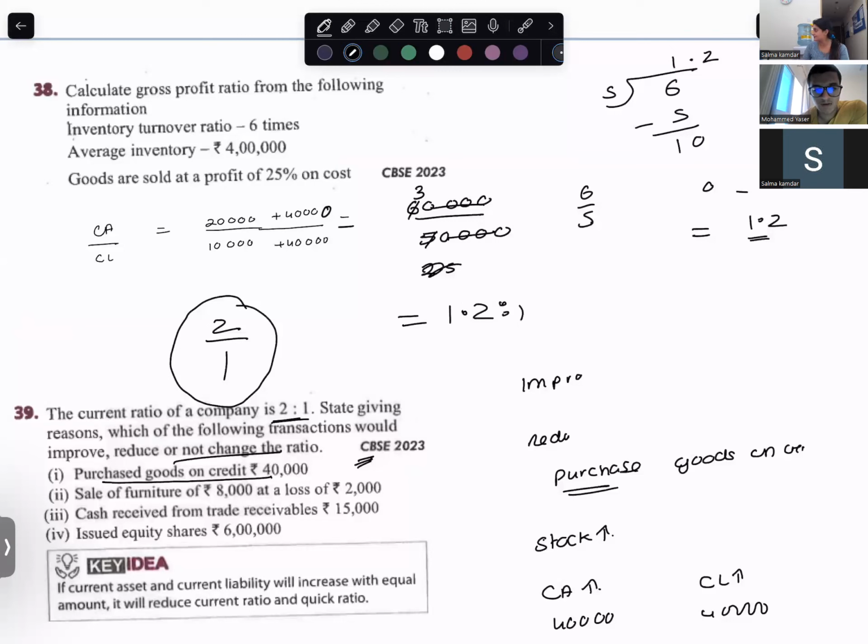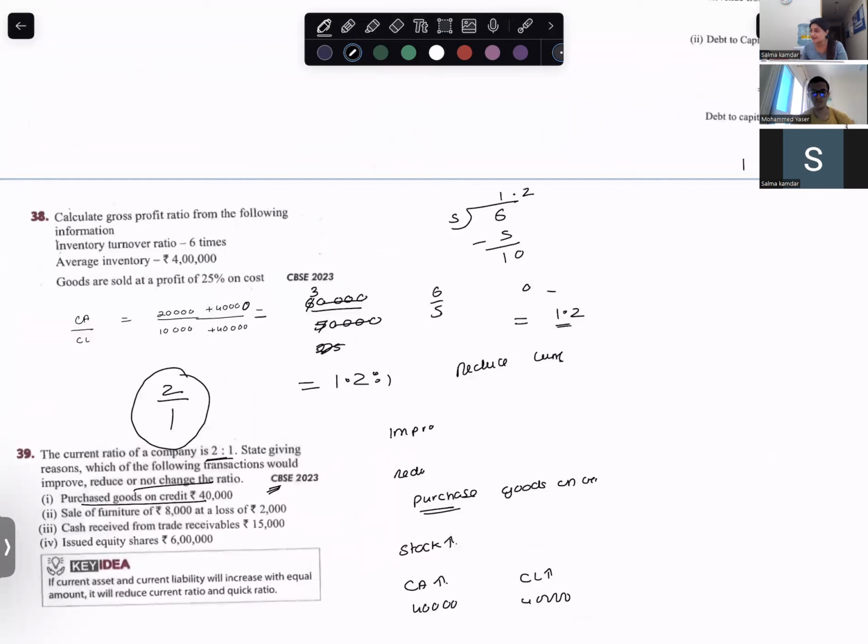It will reduce the current ratio because the current asset is increasing and current liability is also increasing in the same proportion. When you do not understand, add both places and do. So if the current asset also increases and the current liability also increases, it will reduce the current ratio.